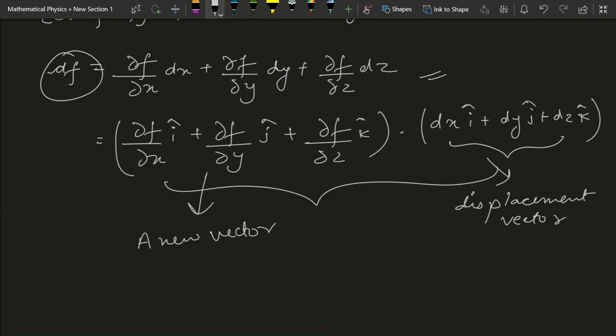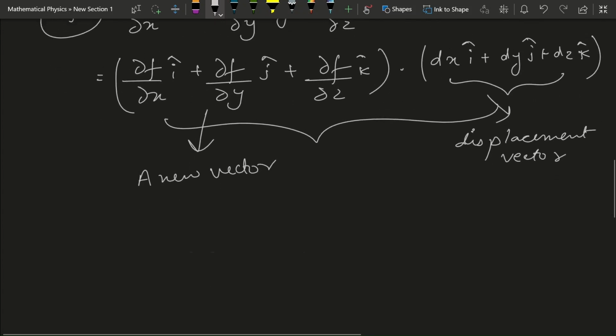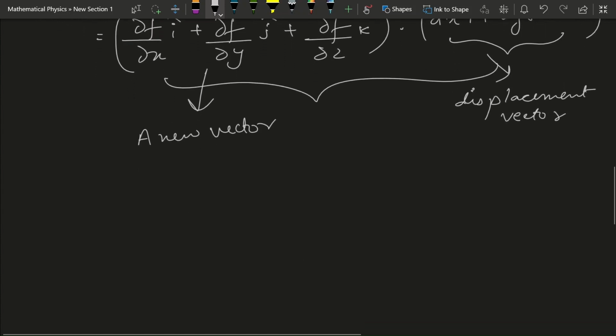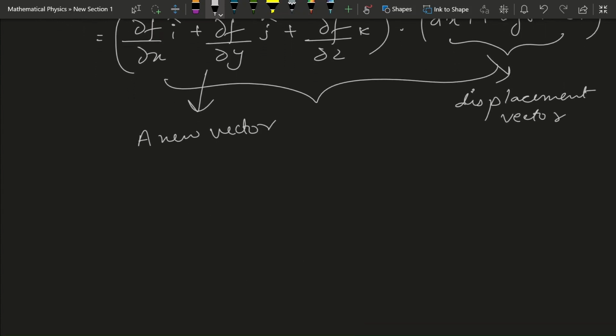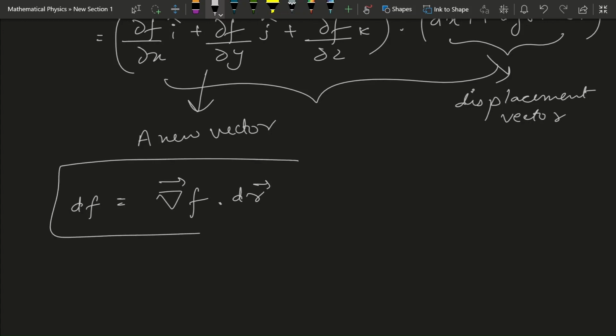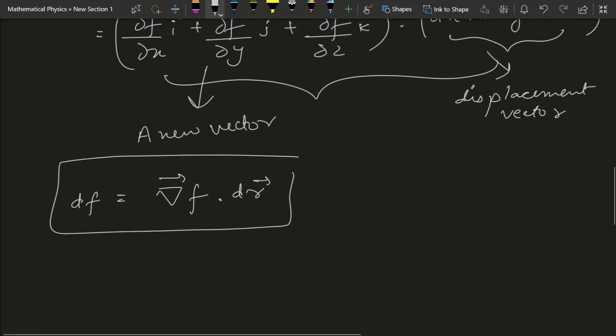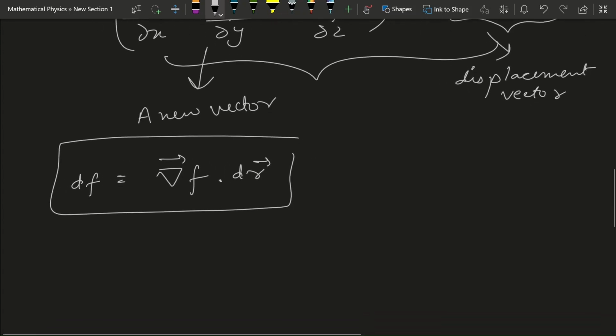So what I'm now gonna do is represent this whole thing with a new symbolic representation. I will summarize this as a vector quantity and the dot product of it with a displacement vector. So this is how I can compress the above expression.